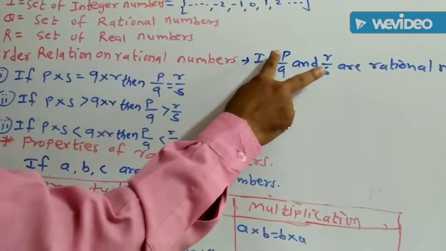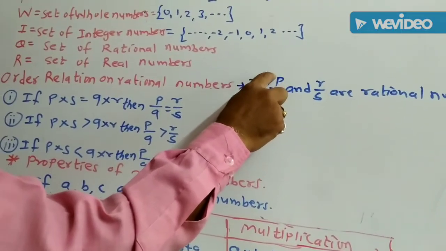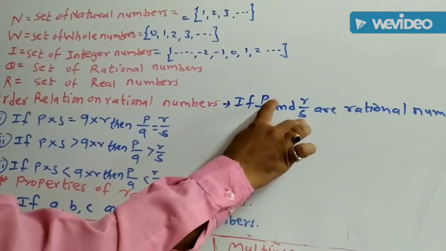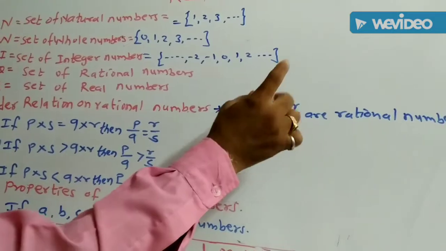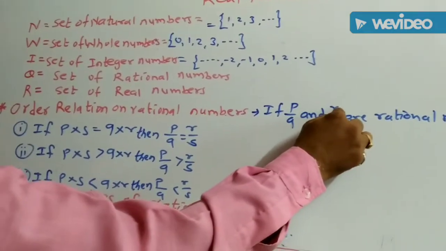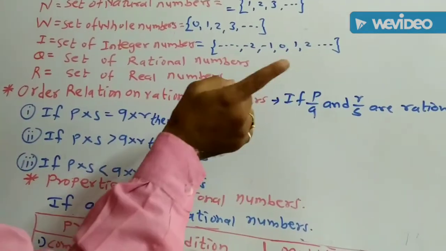For that we take the cross multiplication, that is the product of the numerator of the first number and the denominator of the second number, that is P into S, and then the product of the denominator of the first number and the numerator of the second number, that is Q and R, and then we compare them.